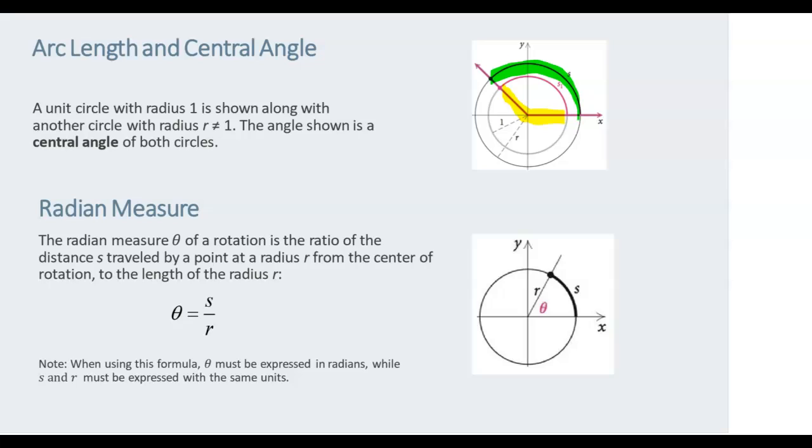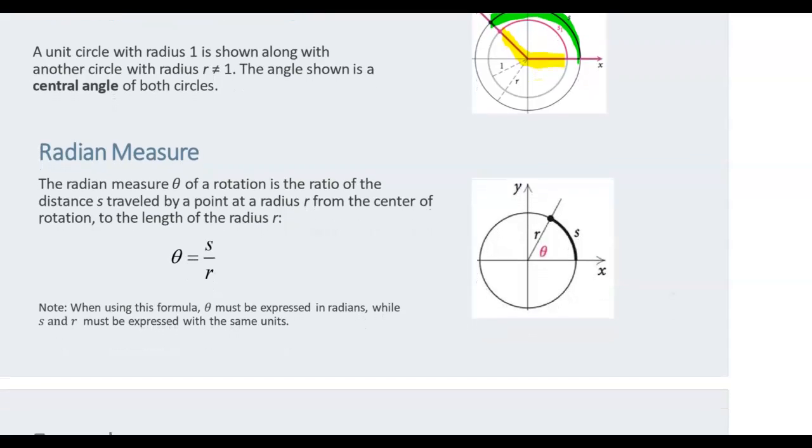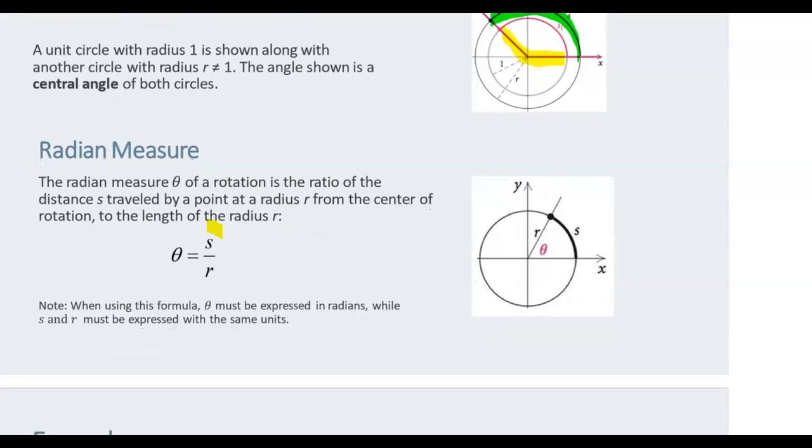One is how far an angle is opening in degrees or radians, and the other is a distance along the outside of the circle. And so the relation that we have between these two, you can see in this formula, is that the central angle is going to be the ratio of the arc length over the radius. When the radius is 1, these two are equal to each other, right? Which we see in the unit circle, that the angle is equal to the arc length.